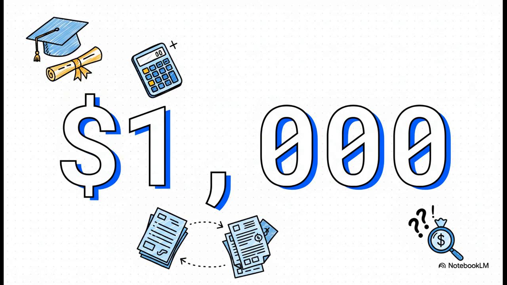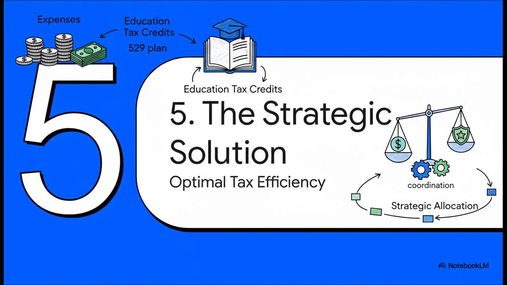And the math from here is pretty simple. 25% of that $4,000 excess distribution is $1,000. That $1,000 is now considered taxable income, and it's going to show up on Schedule 1 of their Form 1040. So by trying to get two tax benefits from the same $4,000, even accidentally, the family just created a $1,000 tax problem for themselves.